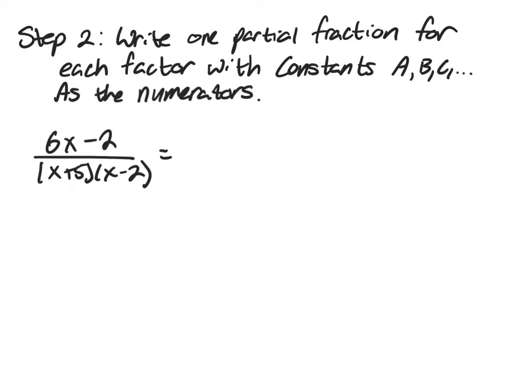So what is this going to look like? We're going to set this equal to constant a divided by our first factor, x plus 5, plus a constant b divided by our second factor, x minus 2. All right, and that's it for step two.